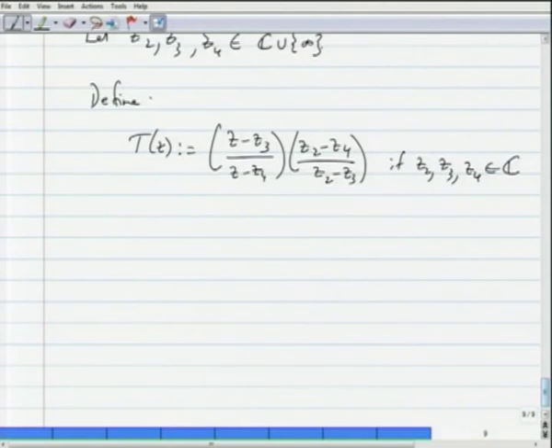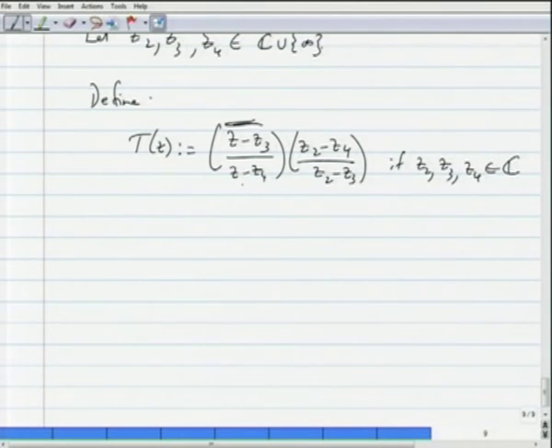So, notice that the right hand side is a function of Z, and when you substitute Z 3, the numerator is going to be 0 in the first factor. So, you get 0. When you substitute Z 4, the denominator is going to be 0.